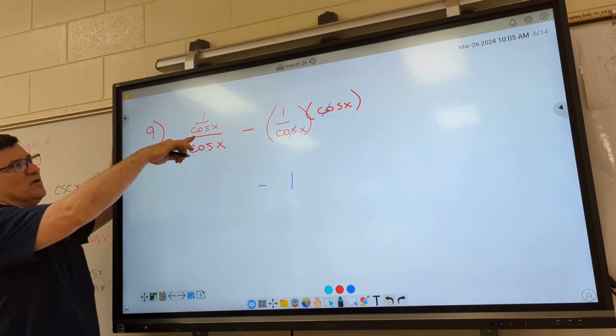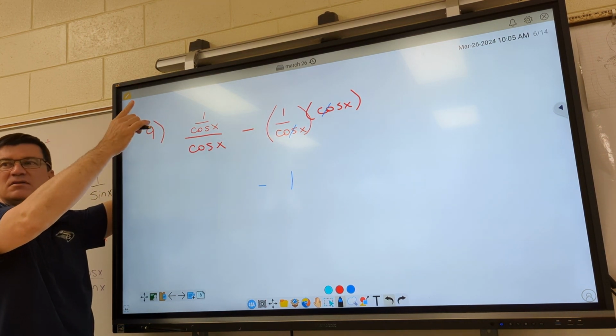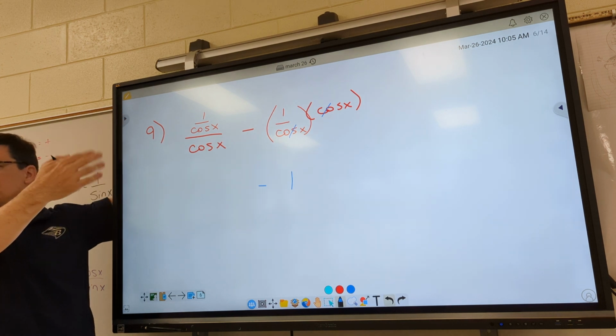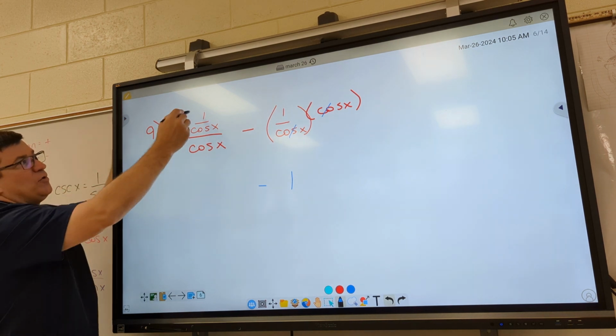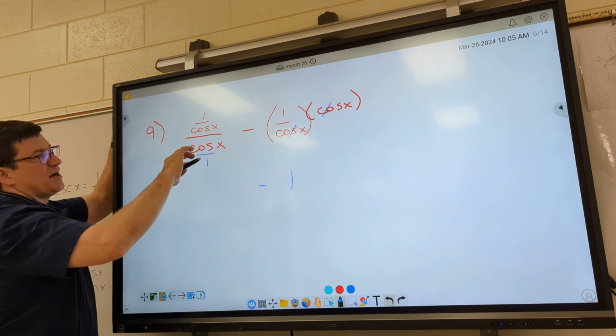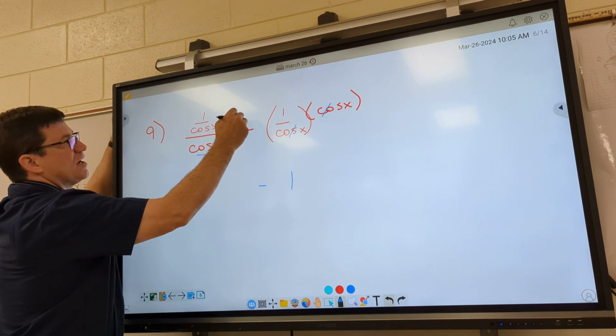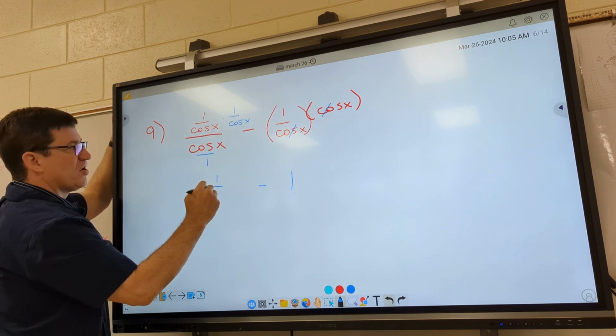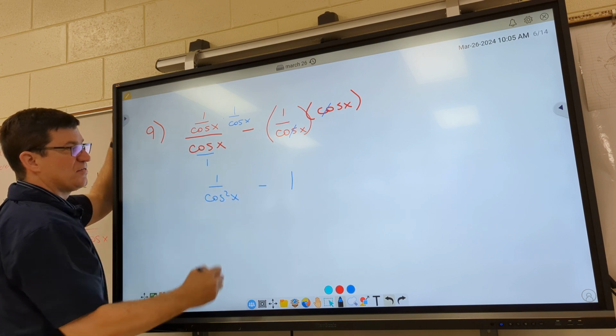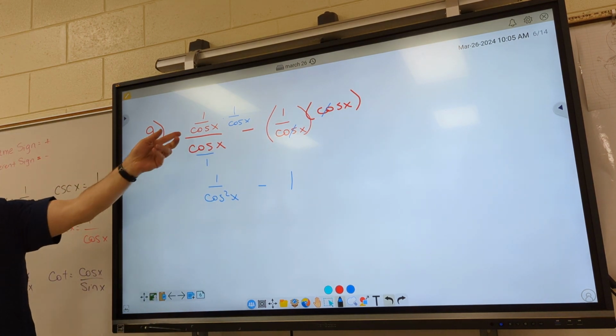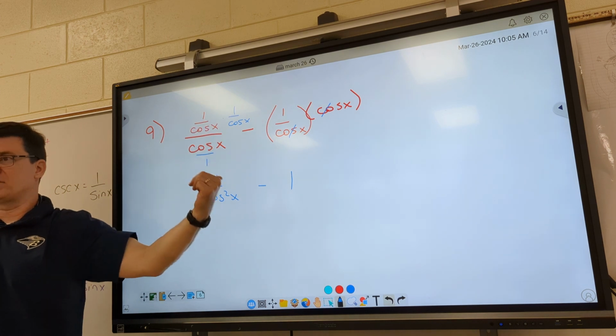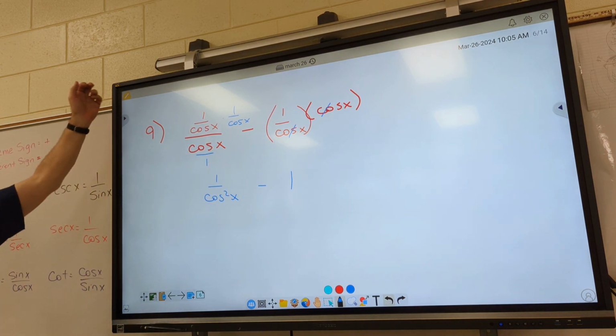What do we do right here? Well, anytime we have a fraction divided by a fraction, just keep, change, flip, right? So 1 over cosine, I'm going to flip this cosine over 1 and times it by 1 over cosine. That's going to give me 1 over cosine squared. Because nothing cancels out. They're both on the bottom, so you times them straight across, you get 1 over cosine squared.